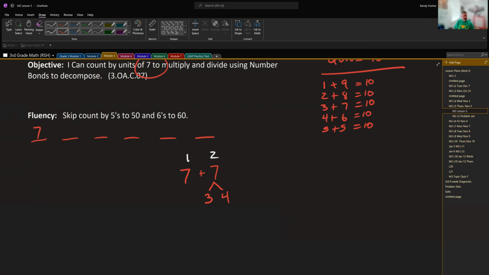That's because I'm trying to find the other quick 10 part that makes this 7 a 10. And since we know that 3 plus 7 is a quick 10, I need one of these parts to be a 3. So I'm going to be doing 7 plus 3 equals 10.